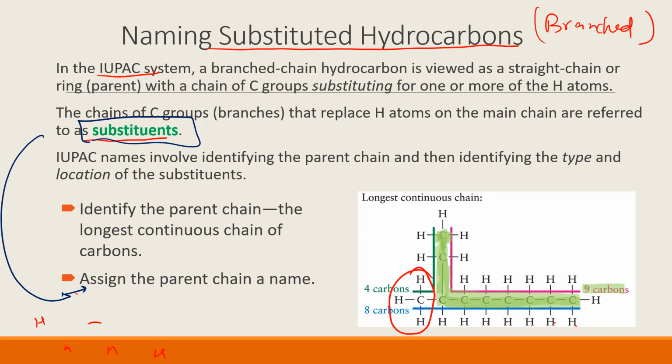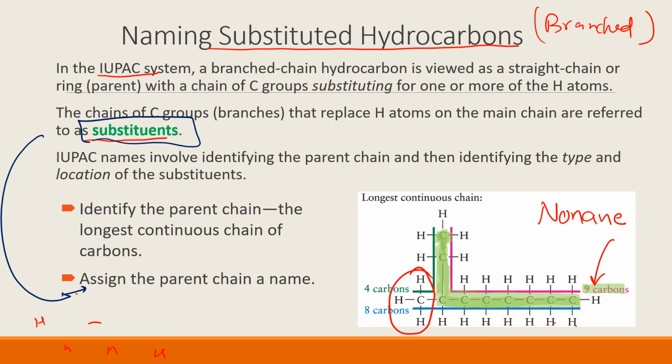In order to name a substituted hydrocarbon, first we have to locate or identify the longest continuous chain, which we already did, and then we need to name it. The name comes from the number of carbon atoms. In this case, we have 9 carbon atoms, so the name for 9 is known, and because it's an alkane, it's nonane.